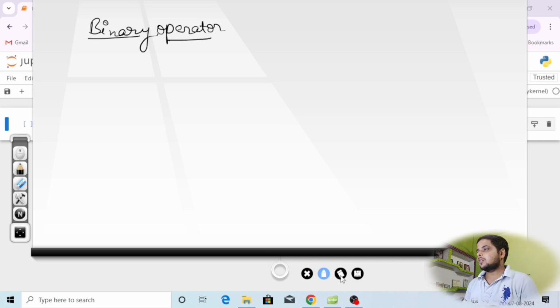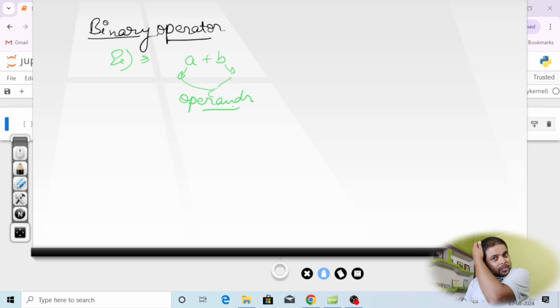For example, A plus B. In this, A and B both are operands, and this will do addition, है ना? Adding two numbers. So a binary operator takes two operands to operate.